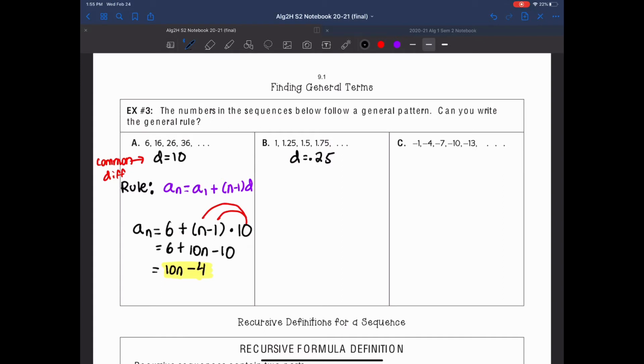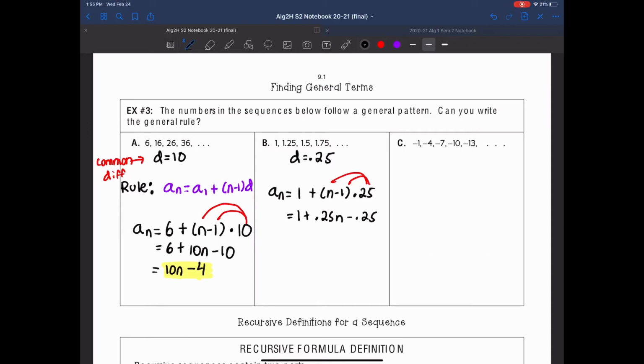So same thing, I'm going to plug it into the formula. I have A sub n equals A sub 1 plus n minus 1 times D. So let's go ahead and do it. A sub n equals my first term, which is 1, plus n minus 1 times my common difference D, which is 0.25. So let's take 0.25, we're going to distribute it into the parentheses, and we get 1 plus 0.25n minus 0.25.